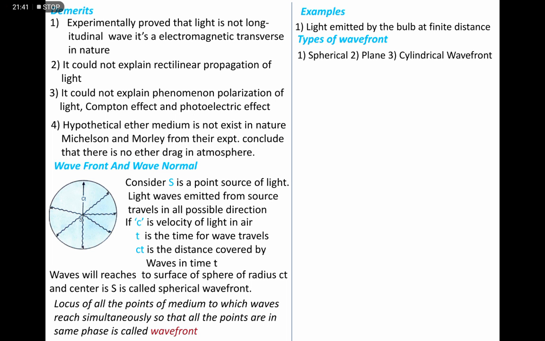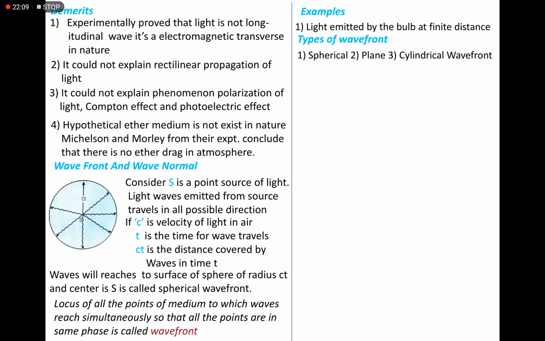And instead of a small plane part of the spherical surface, if we cut a cylindrical part of the surface, then we get light waves from this cylindrical part, and this is the cylindrical wavefront.